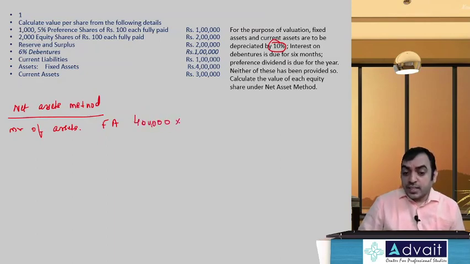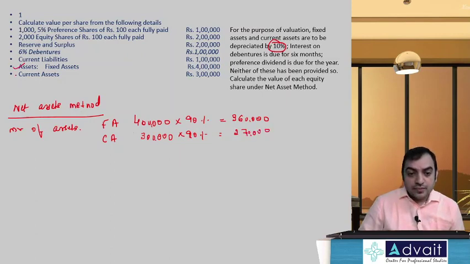Depreciated by 10% means I'll take the remaining 90%, because 10% is subtracted and 90% remains, that is 3,60,000. Current assets we have 3 lakh. This also is to be depreciated by 10%, so the remaining 90% is 2,70,000. So current assets done, fixed assets done.